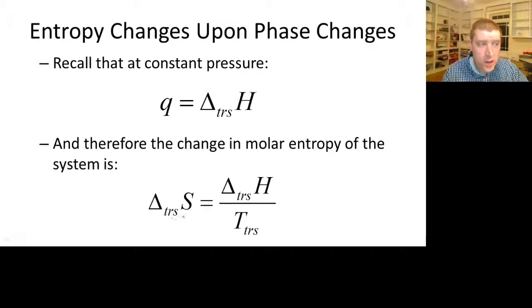The delta S is equal to, remember, we know that the entropy change is equal to Q divided by the temperature. So at some transition temperature, TRS, and then we know that we can substitute in our enthalpy change for Q.